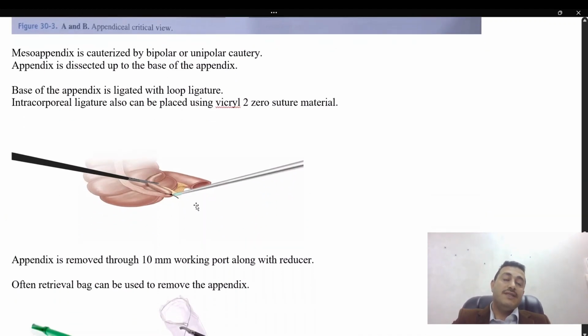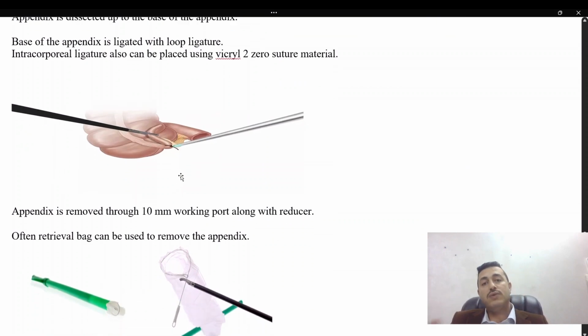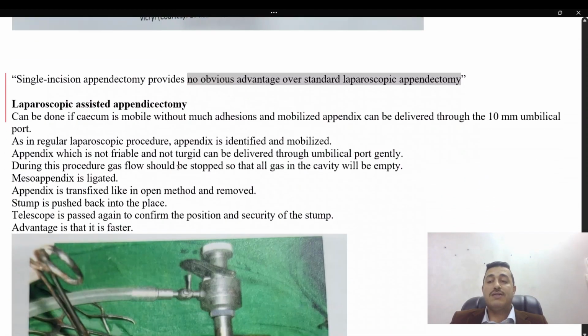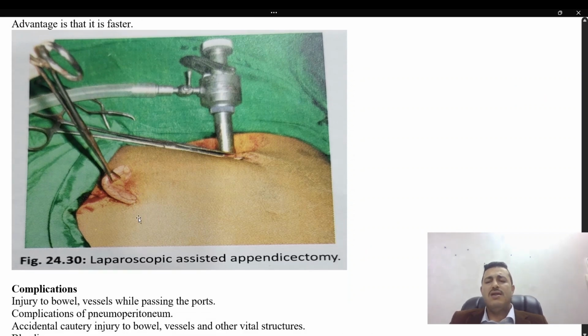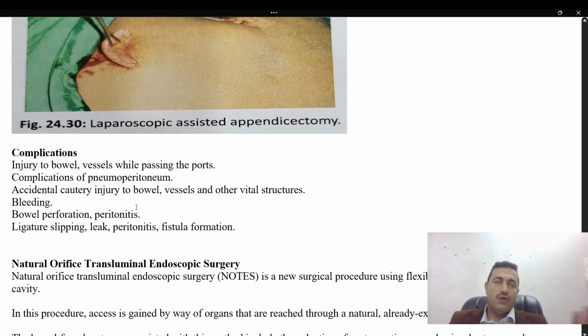Sometimes after we free the appendix, we bring it outside the abdomen through one of the trocar incisions, and this is called laparoscopic assisted appendectomy. You can see here it's laparoscopy, but eventually they bring out the appendix and do the appendectomy as an open procedure. The advantage is it's faster compared to laparoscopic surgery.